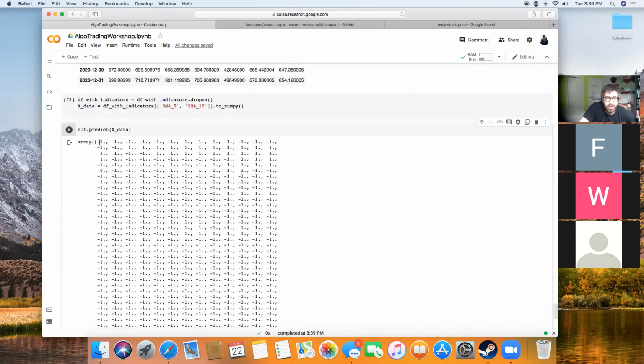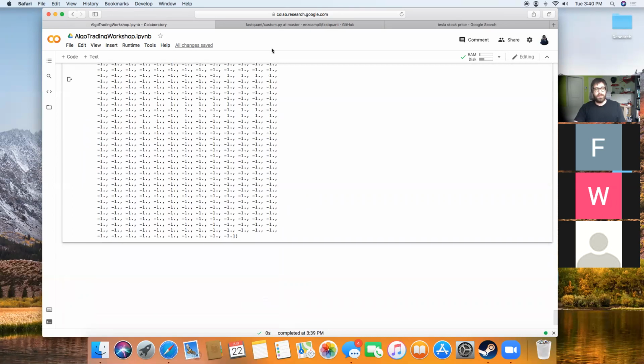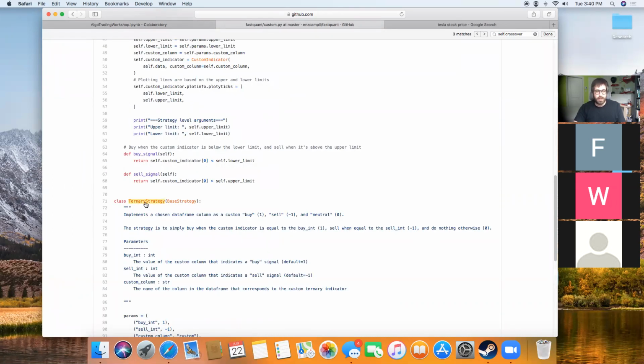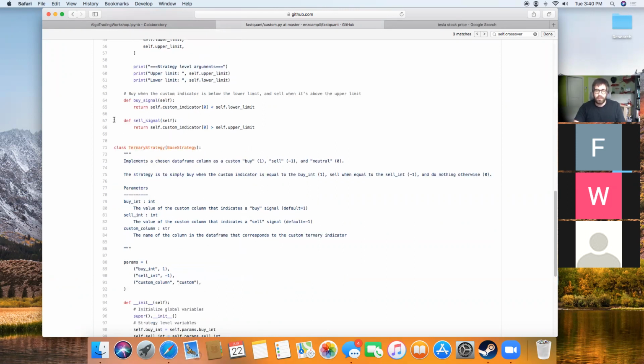So we have the decisions that our strategy will be making at every timestamp. At the beginning, it's going to sell, then it's going to buy, then it's going to sell, sell, buy, which, if you remember, we were discussing this ternary strategy. All we need to do now is to create a column in our data frame with the name custom that has 1 for buy, -1 for sell, and 0 for neutral.